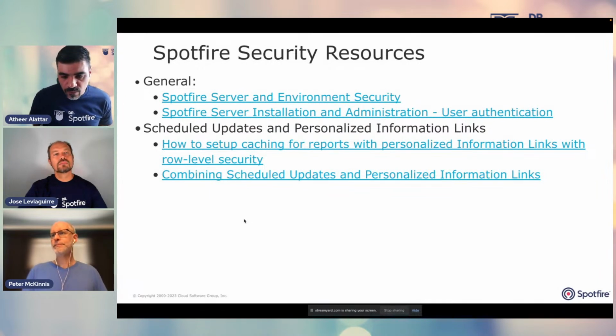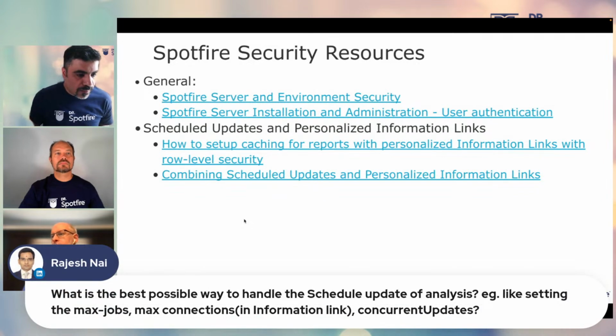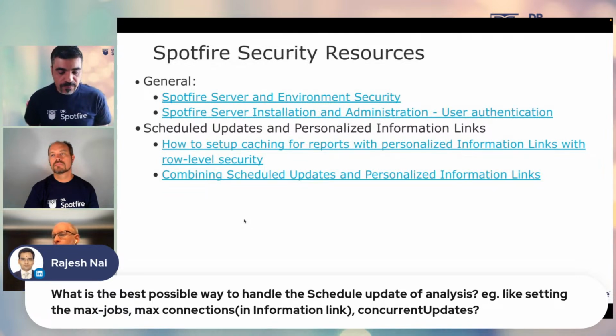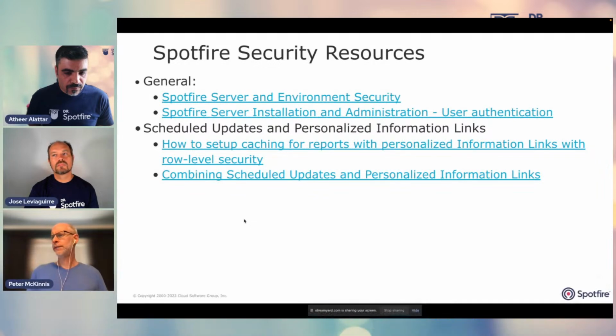We have one last question before we wrap up from Rajesh. What is the best possible way to handle the schedule updates for analysis? For example, setting the max jobs, max connections, information links, concurrent updates. Well, the max jobs is really an overall system thing, so that wouldn't really affect the scheduled update.